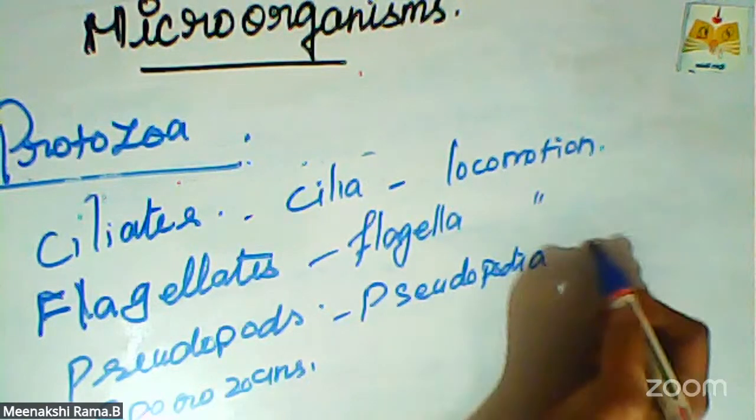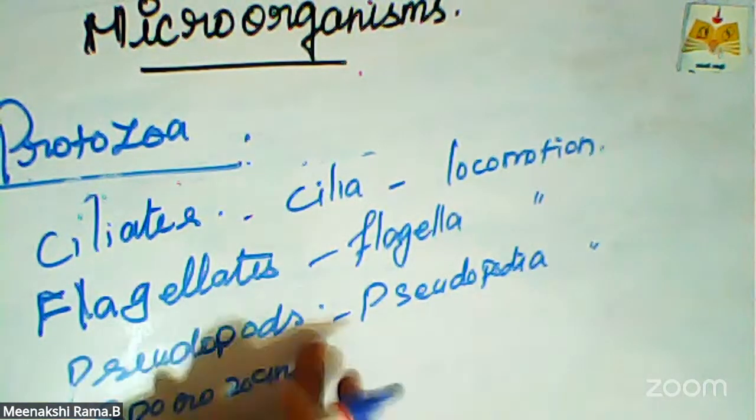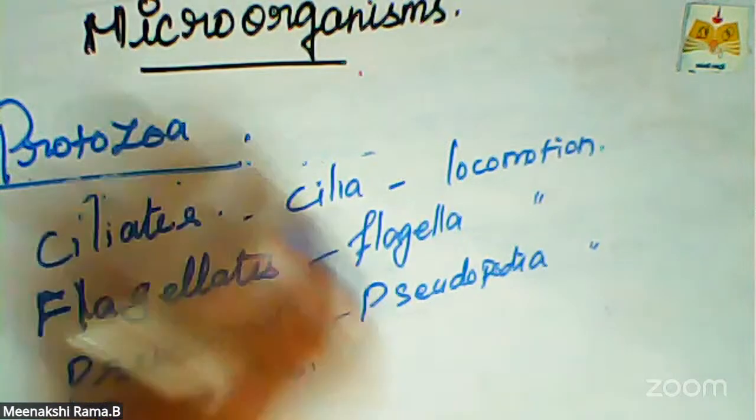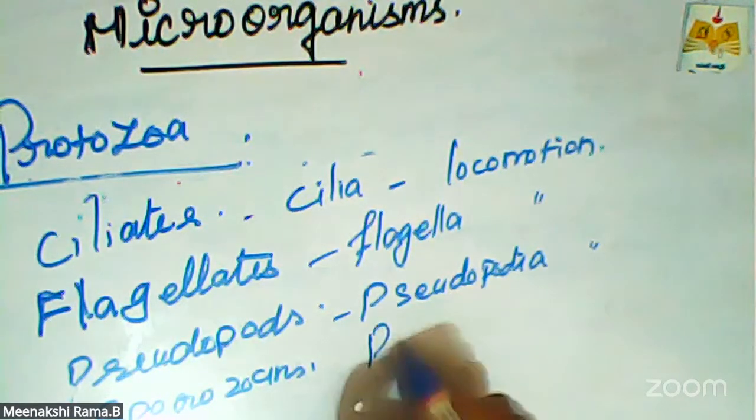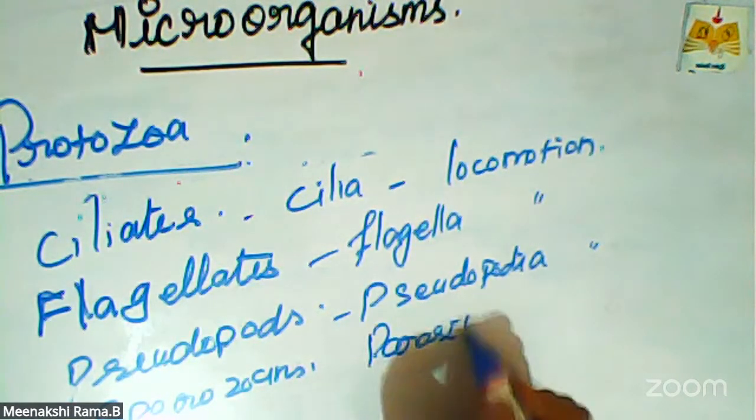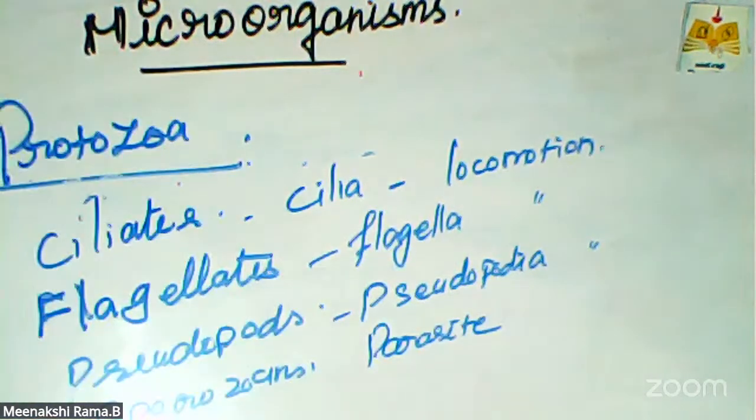Pseudopodia is used for locomotion in the pseudopodia variety of protozoa. Last one, sporozoans; sporozoan is one of the parasites. So these are all the types of protozoa.